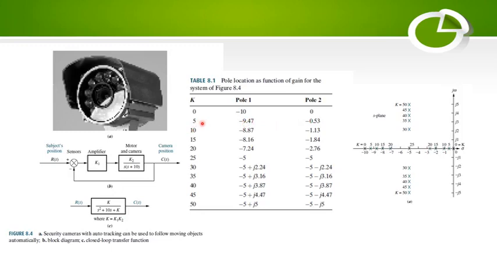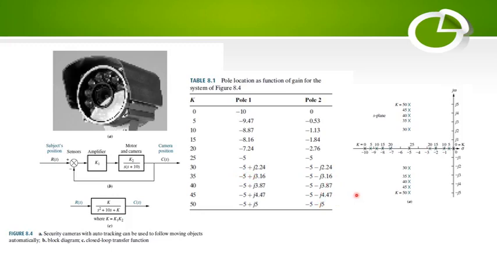As the value of K increases, the poles change their locations until K reaches 25, where they have the same location. At this value of K, the system is operating at critically damped response. As the value of K increases further to 30, 35, 40, 45 and 50, we can see that the poles now are complex poles.